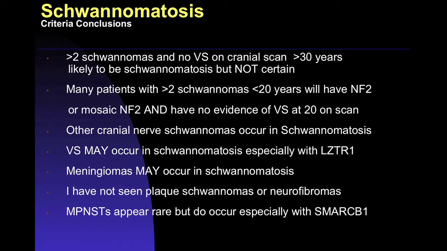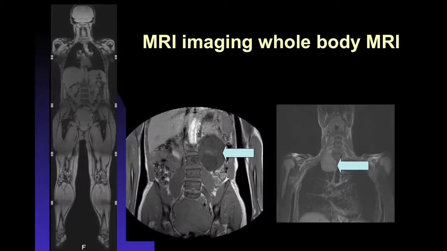So in terms of the conclusions of all of this, we do have to think about the overlap a bit more. Mosaic NF2 can present as schwannomatosis, and LZTR1 schwannomatosis can present as NF2 with the unilateral vestibular schwannoma. So in terms of imaging, we now favor, as does Jayshree, doing whole body MRI on schwannomatosis patients.